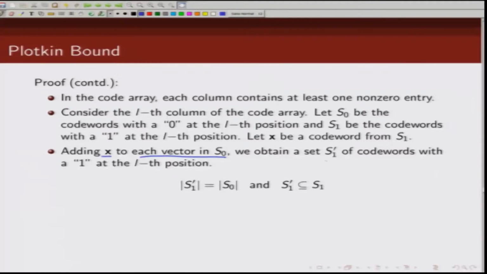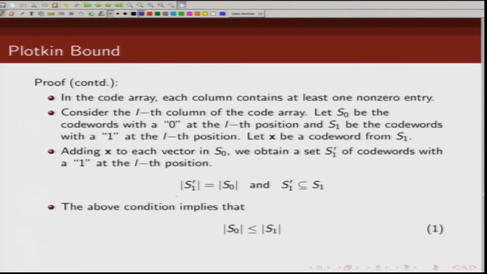So, we will get a new set of code words, let us call it S1 prime, which will have 1 at the ith location. Clearly, the number of code words in it is the same as the original set S0, and this set S1 prime is a subset of the set of code words which have 1 at the ith location.